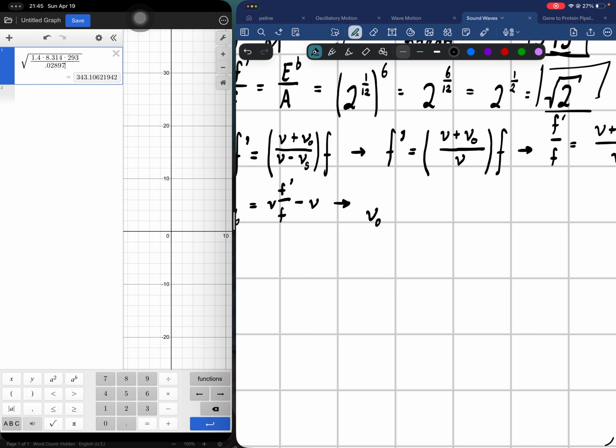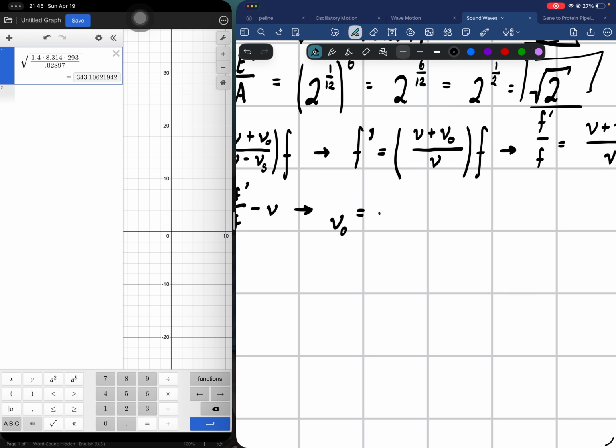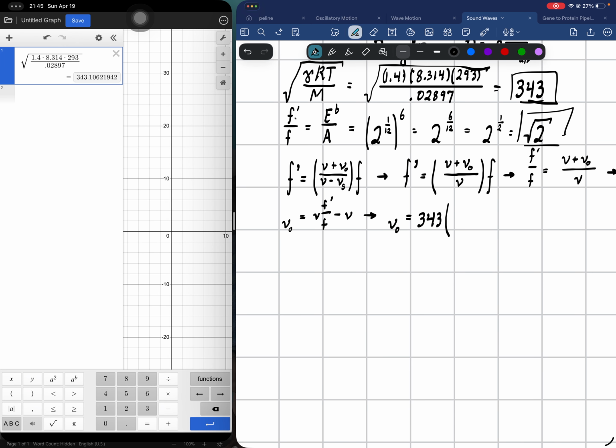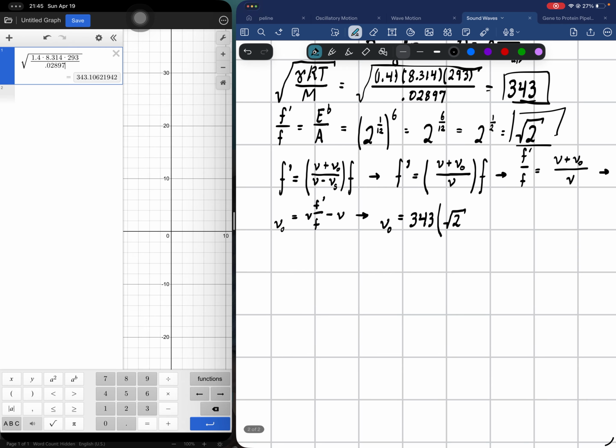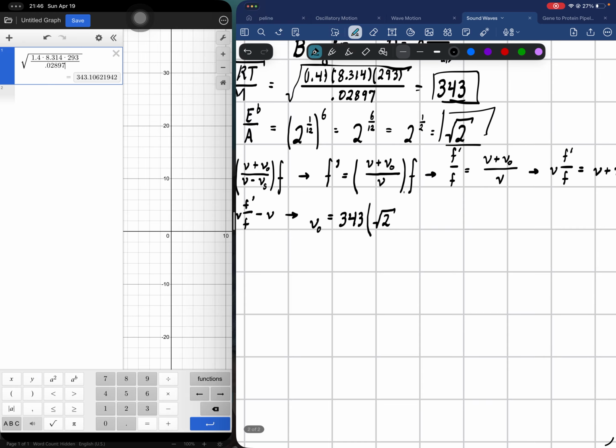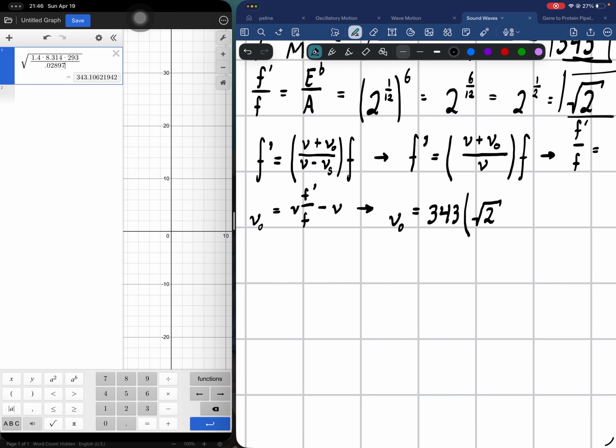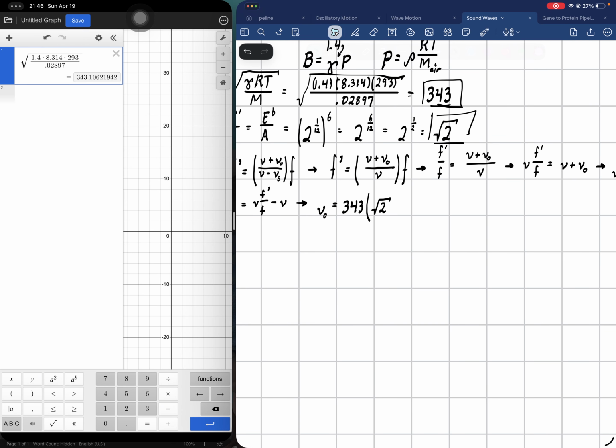The speed of Bissell is going to be the speed of sound, so 343, multiplied by that frequency relationship, square root of 2, minus, let's go and factor that out, make our lives easier, right? It's just going to be this.